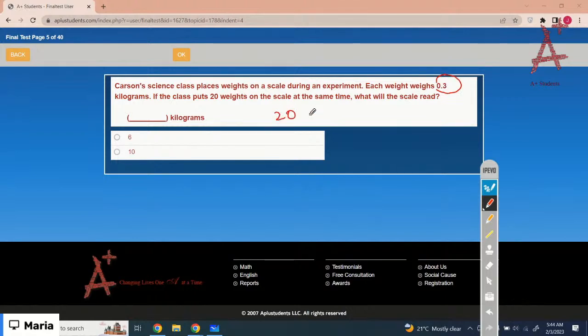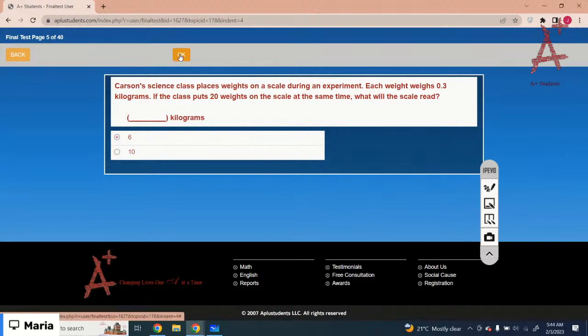You have to calculate the total value on the scale. So you have to do 0.3 times 20. Got it? So 20 times 3 is 60. Just put a decimal point, so it would be 6.0. That means the scale reads 6 kilograms. So the correct option is 6. Just select the correct option, then click on the OK button.